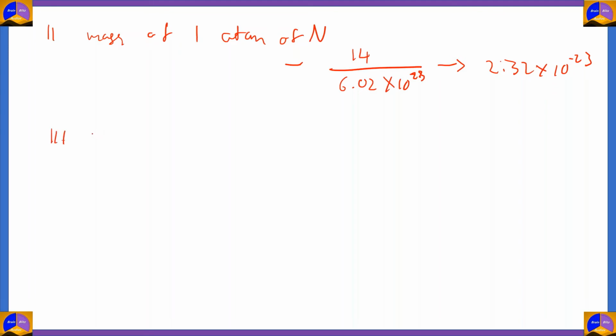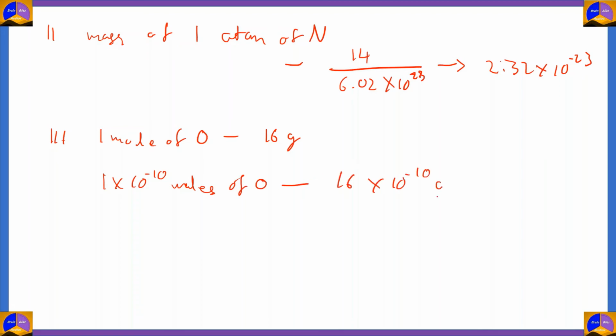And number 3, we have to find out the mass of 1 into 10 raised to minus 10 moles of oxygen. So if you remember, 1 mole of oxygen weighs 16 grams. So 1 into 10 raised to minus 10 moles of oxygen will weigh 16 into 10 raised to minus 10 grams.